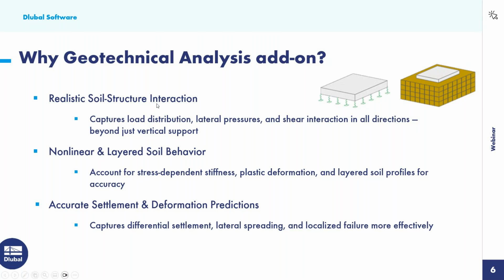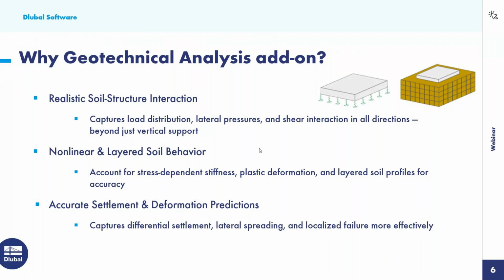Well, the first benefit is realistic soil structure interaction. So we want to capture the load distribution, the lateral pressures, and the shear interaction in all directions beyond what the simplified vertical support can provide. We also can account for the nonlinear and layered soil behavior.